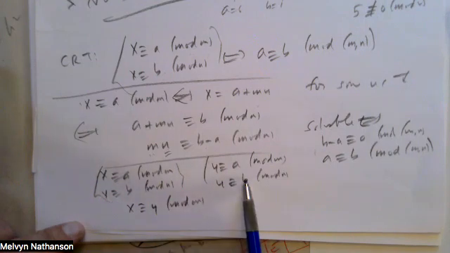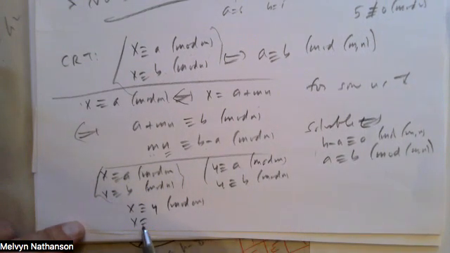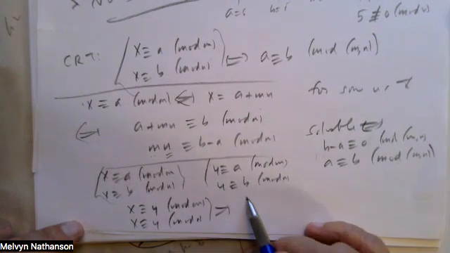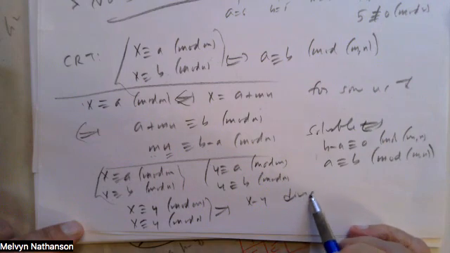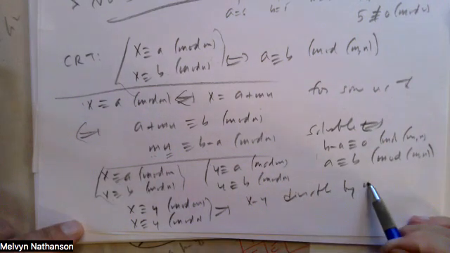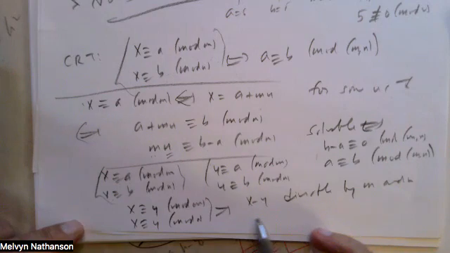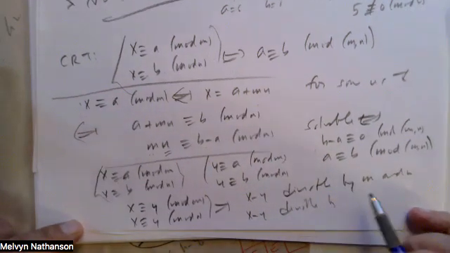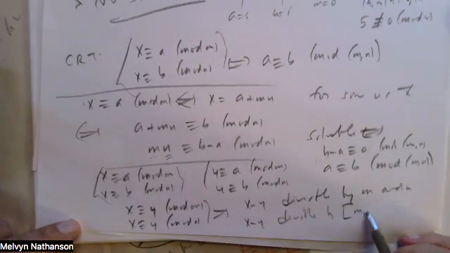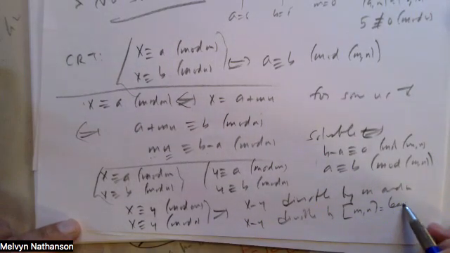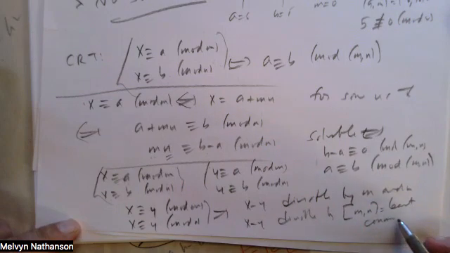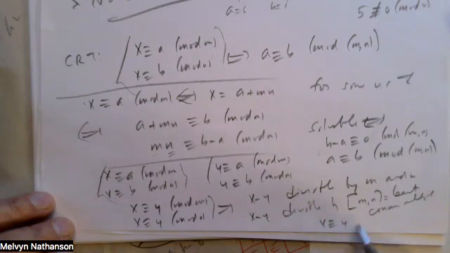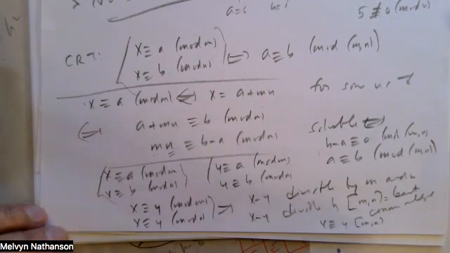And if x and y are both congruent to b mod n, x is congruent to y mod n. So this means x minus y is divisible by m and n, so x minus y is divisible by the least common multiple of m and n. So x is congruent to y modulo the least common multiple of m and n.